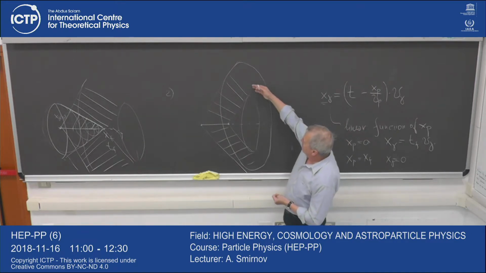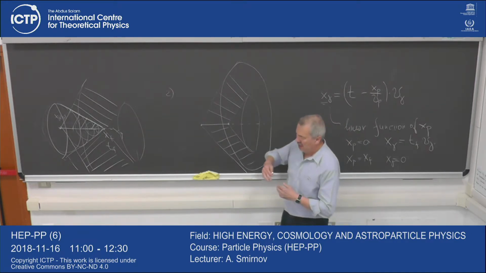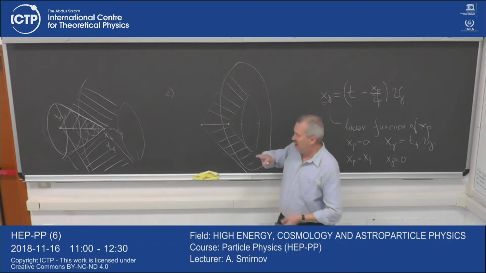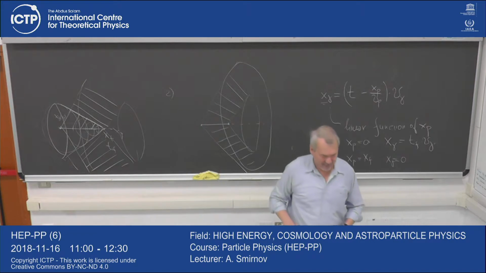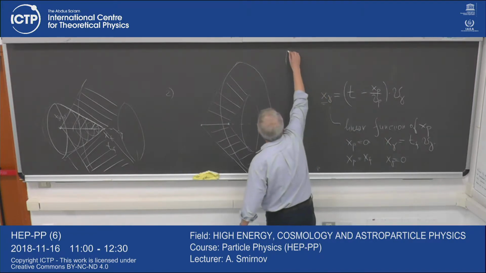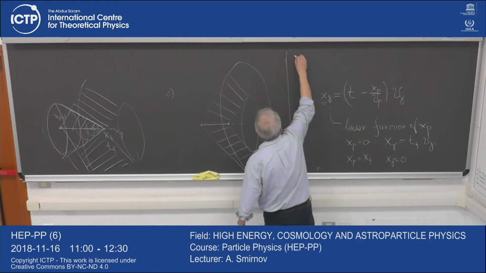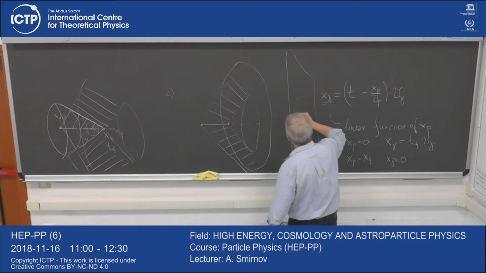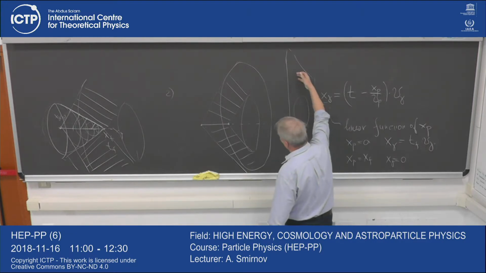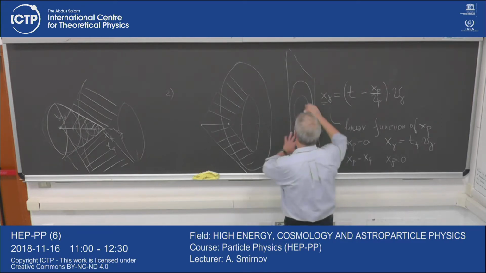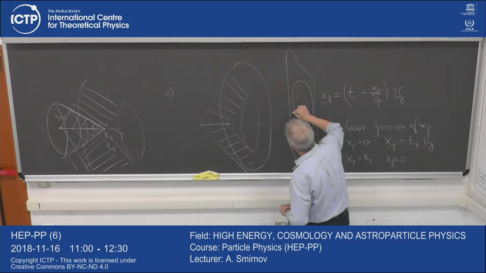You can imagine a three-dimensional picture. You have this trajectory, and then the light will propagate inside these cones. So if you have some wall here, which is formed by your detector, and you put photomultipliers here, then you will see the projection of this. It's a smaller size, so you will see a ring here, which is called the Cherenkov ring.